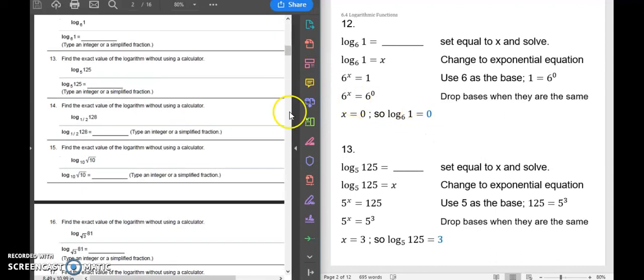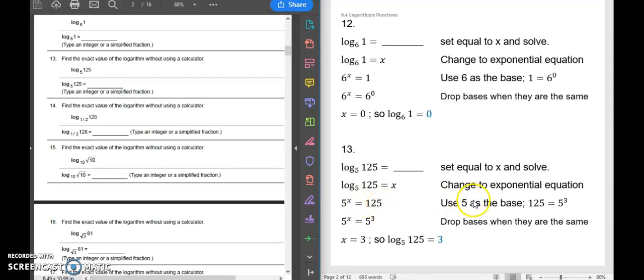Number 13 is a very similar problem, so we're going to work it the same way. We have log base 5 of 125, and we're trying to figure out what that equals. We set it equal to x, and then we solve it. After changing it to an exponential equation, we see we have 5 raised to the x equals 125.